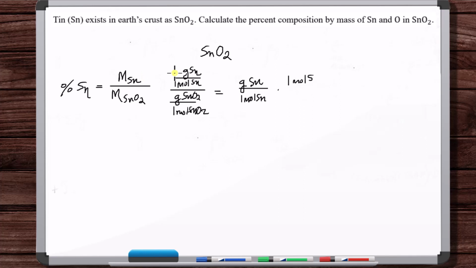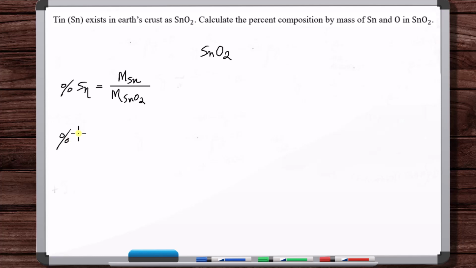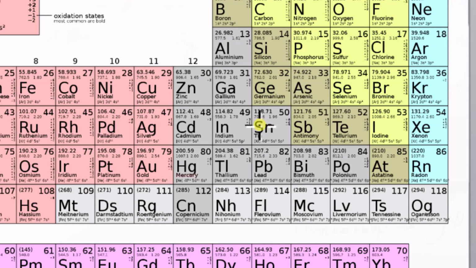So for the percent composition by mass of oxygen, we would just say 2 times the molar mass of oxygen over the molar mass of SnO2, because there are 2 oxygens. So let's do that. What is the molar mass of tin? 118.71.